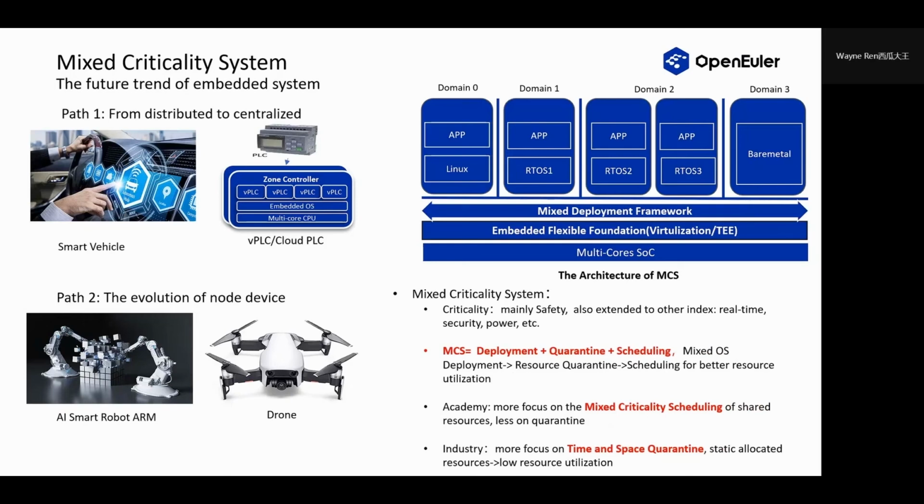At the bottom, the whole system literally runs on a multi-core SoC, homogeneous or heterogeneous. And in the middle, the mixed deployment framework is used to deploy the domains and connect domains. The embedded flexible foundation can be based on virtualization, PEE, or other mechanisms. It's used to implement strong isolation of domains and scheduling of domains.